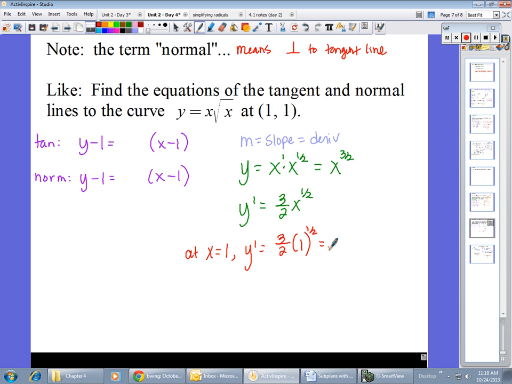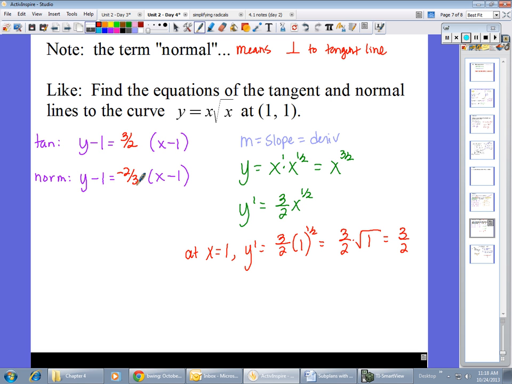And I know that to the 1/2 is the same thing as the square root. So therefore, we get a slope of 3/2. That is the value of the slope of which line? Yep, that's the slope of the tangent line. So if the slope of the tangent line we can fill in as 3/2, that means the slope of the normal line is negative 2/3.